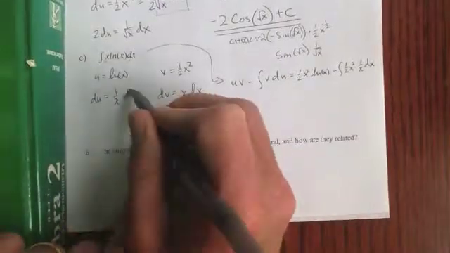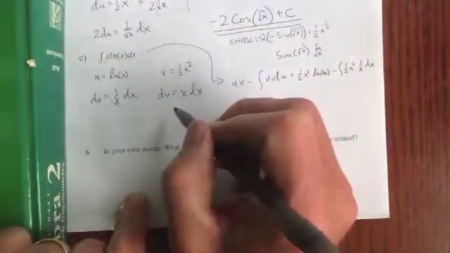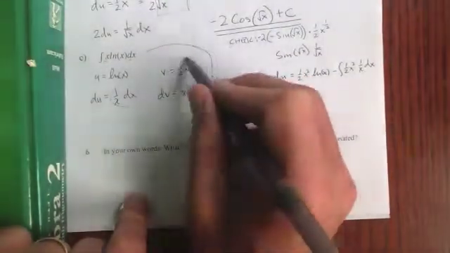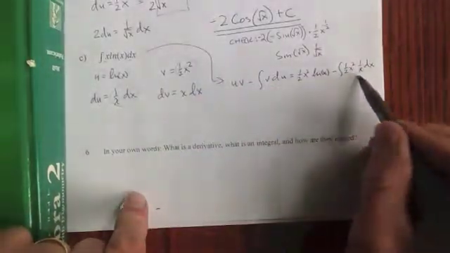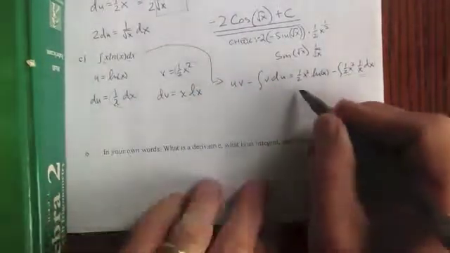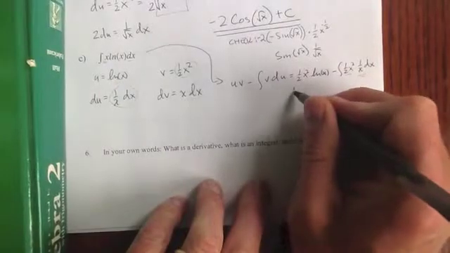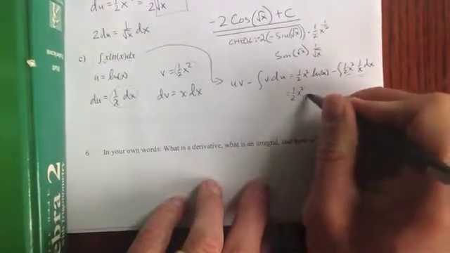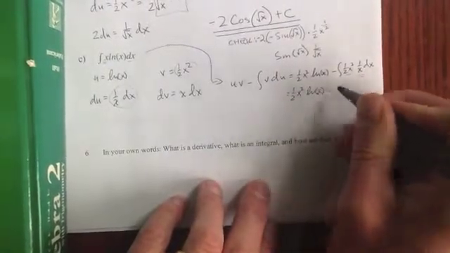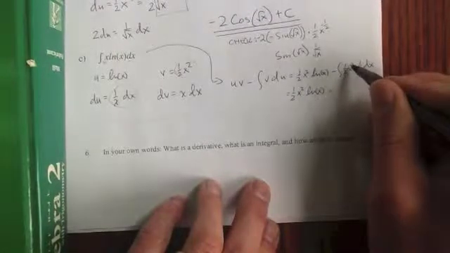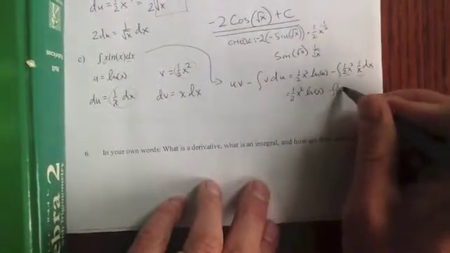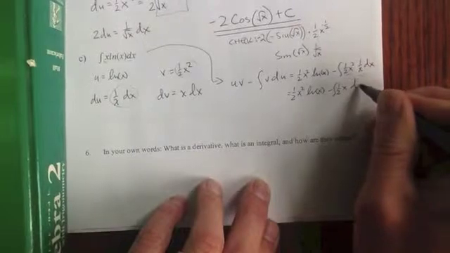Alright, so I fill in this part and this part right there. So what does this become? Well, this becomes 1/2 x squared ln of x minus, well, this x cancels with that, and it's the integral of 1/2 of x dx.